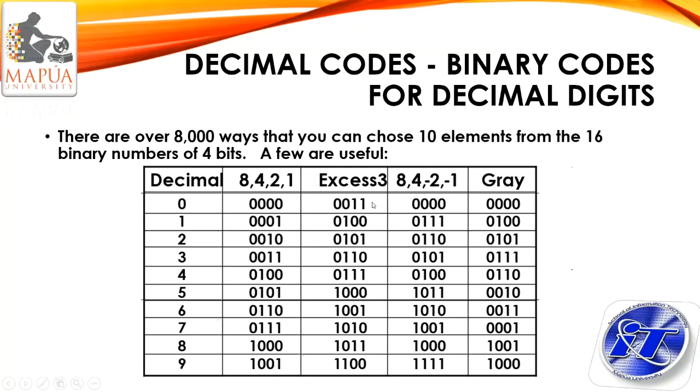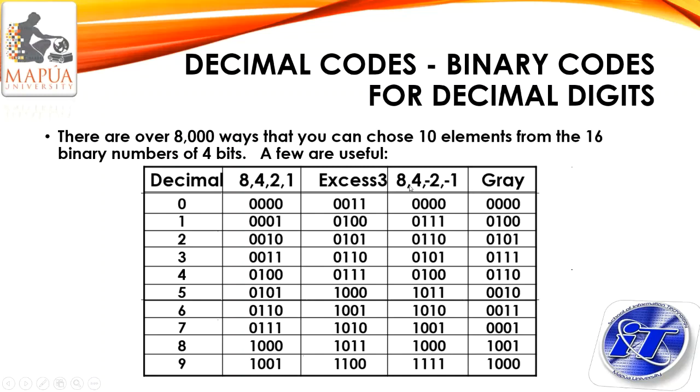How about excess 3? Basically, it's based on 8421. We just add 3 to the decimal before we convert it using 8421. So decimal 0 plus 3, coded using 8421, gives 0011. To code decimal 4 using excess 3: 4 plus 3 is 7, and using 8421 we have 0111.